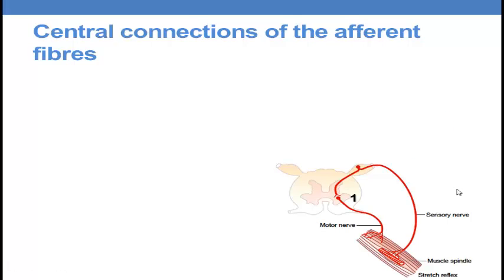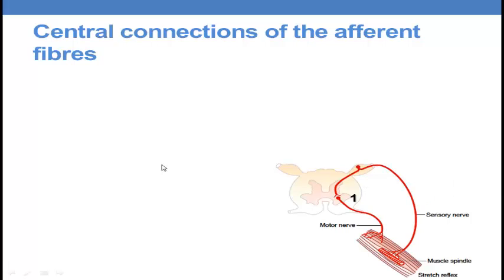We have central connections of afferent fibers. This is the muscle spindle, and this is the afferent or sensory fiber that may be type 1A or type 2, according to the type of the muscle spindle, either nuclear bag or nuclear chain. Then it has some central connections.